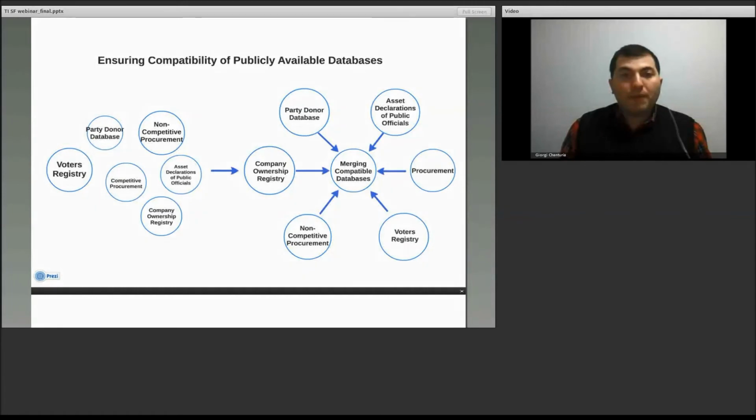So we need to design a tool that will work with each of those databases, because otherwise we would need to create custom scripts for each individual database, and that might cost too much and be very time consuming.